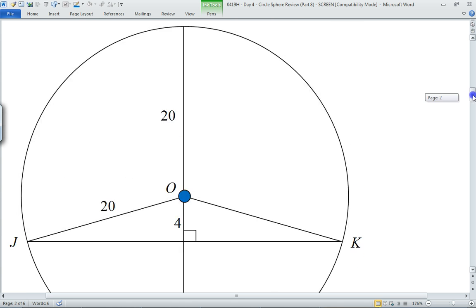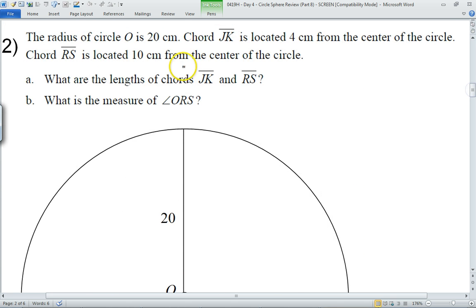Now, I drew 2 separate pictures for A and for B. They're mentioning chord RS. That's going to show up in another picture. But look at part A. What is the length of chord JK? So let's start with this. The picture I've drawn so far is designed to give me JK. So focus on that.